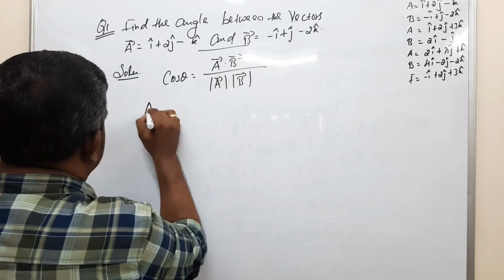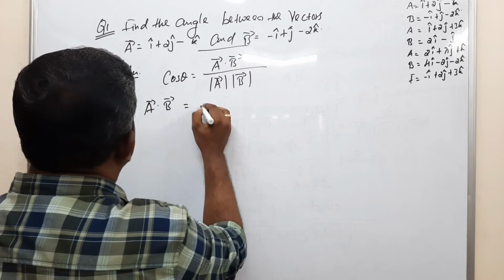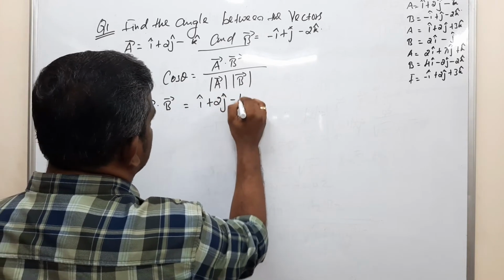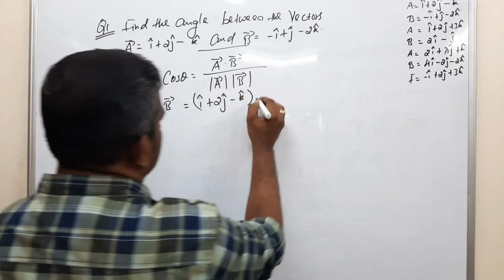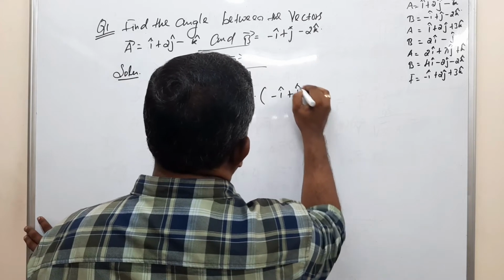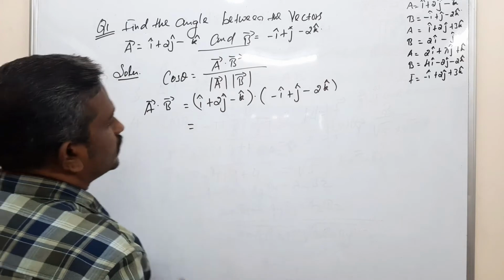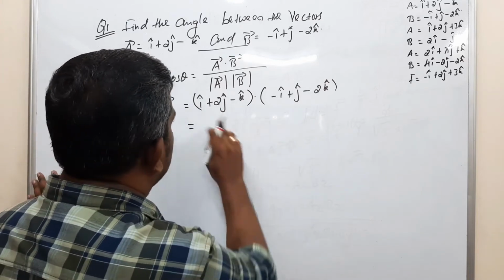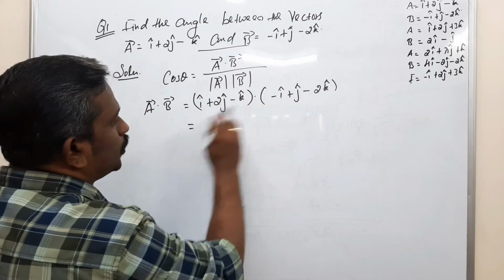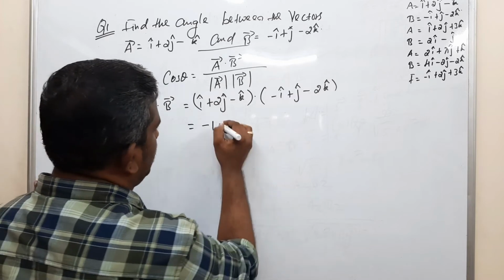So A vector dot B vector is equal to, what is A vector? I cap plus 2j cap minus k cap dot, what is B vector? Minus I cap plus j cap minus 2k cap. So the coefficient of I cap: 1 into minus 1 is minus 1, I cap dot I cap is 1.